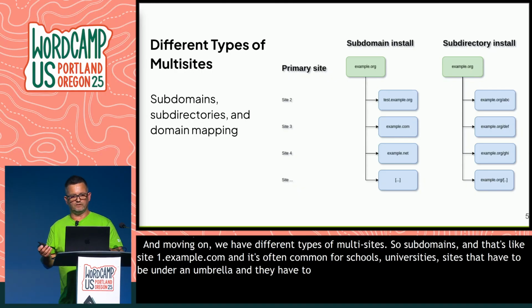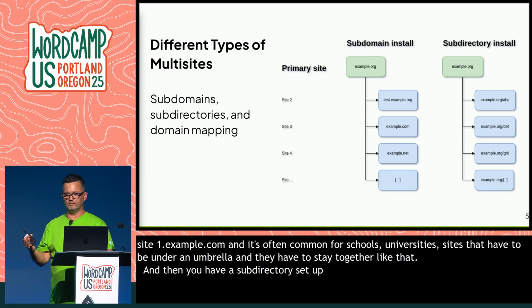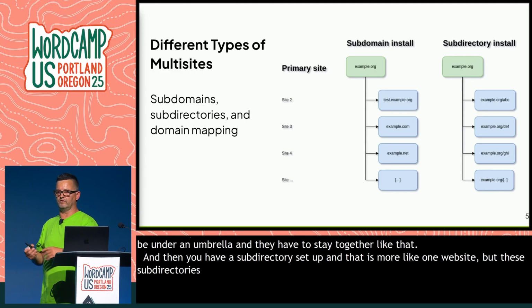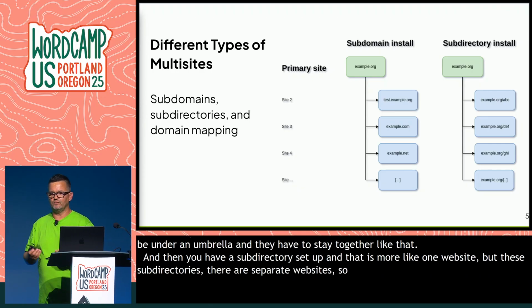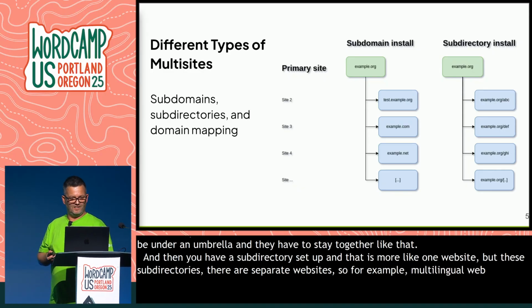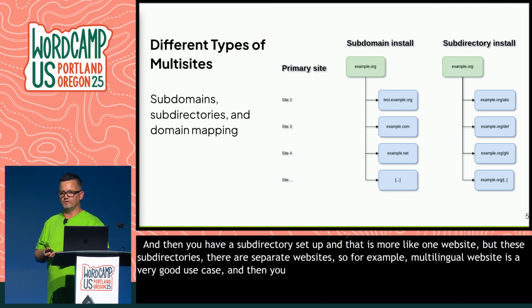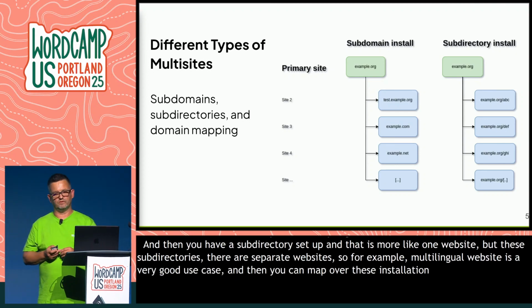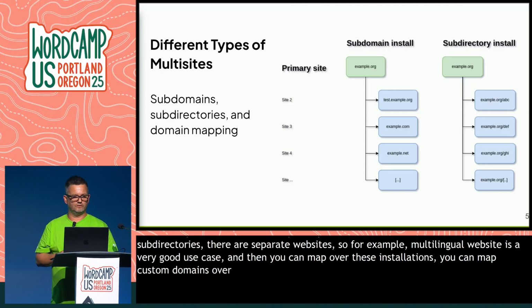Then you have a subdirectory setup that feels more like one website, but these subdirectories are separate websites. That is, for example, a very good use case for multilingual websites. And then you can map custom domains over these installations, brand A.com, brand B.com. That's mostly for subdomain installs.